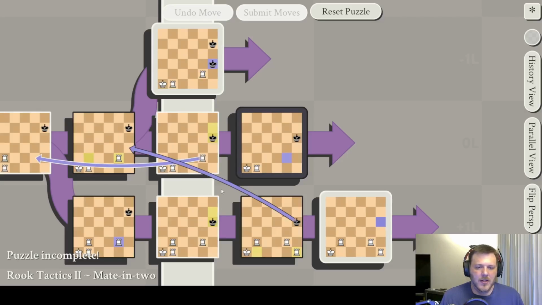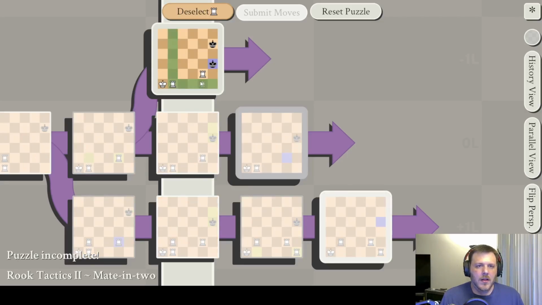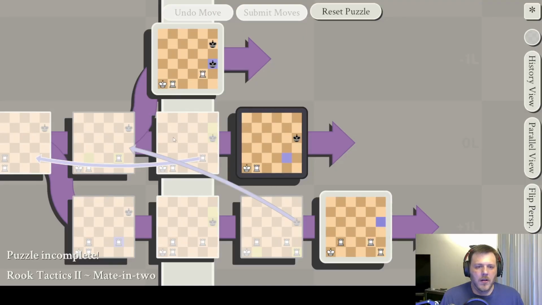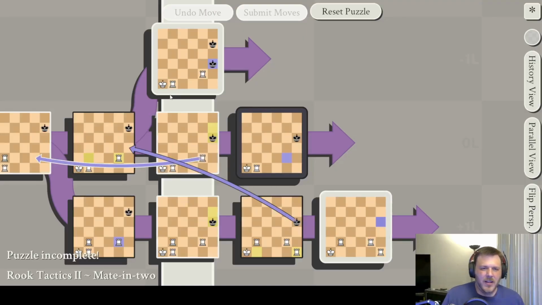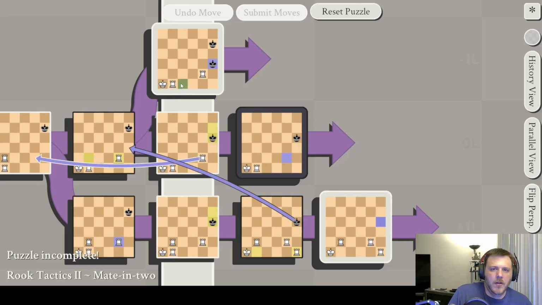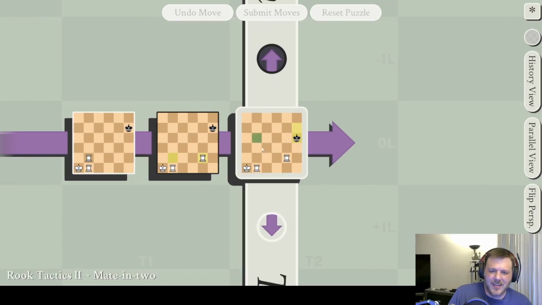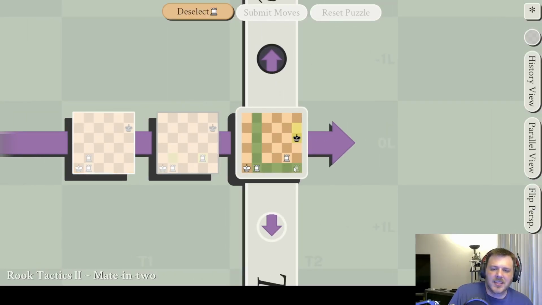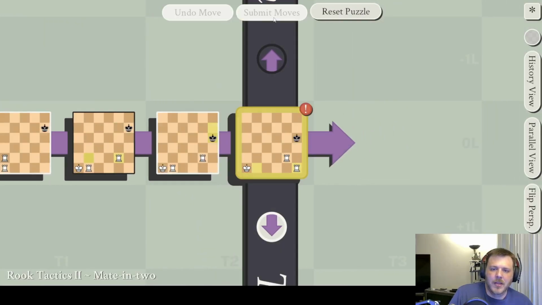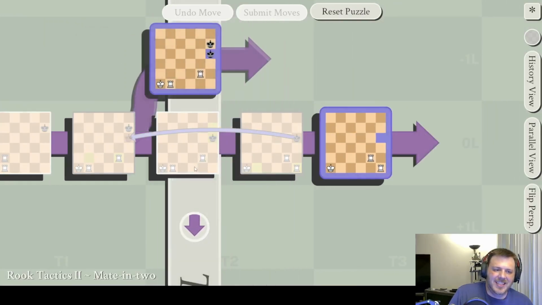Right? Why won't it let me make that move? Oh, because it's been more than 2 moves. All right. So let's just do this for the checkmate, but he's going to move back in time. That's the easy checkmate.